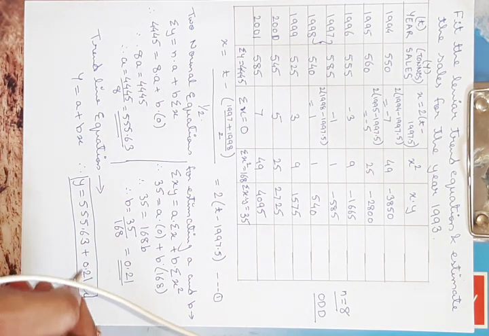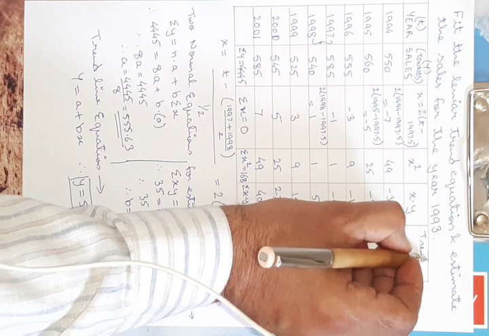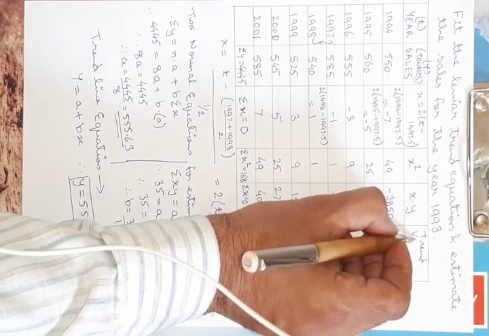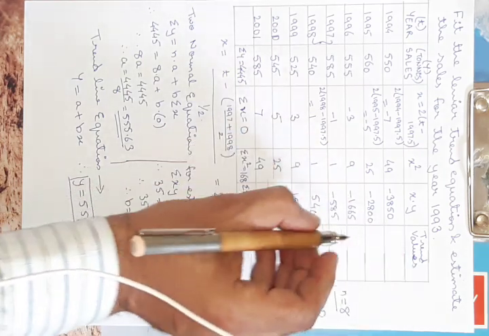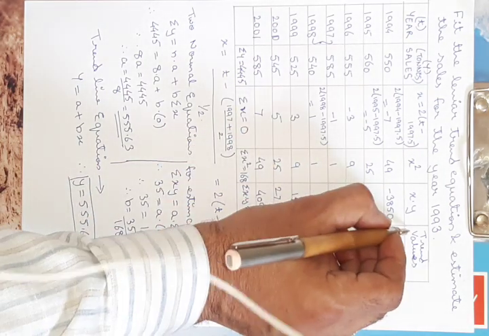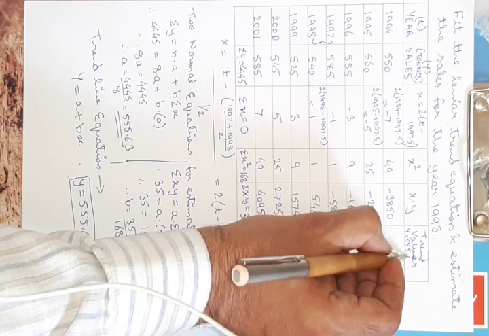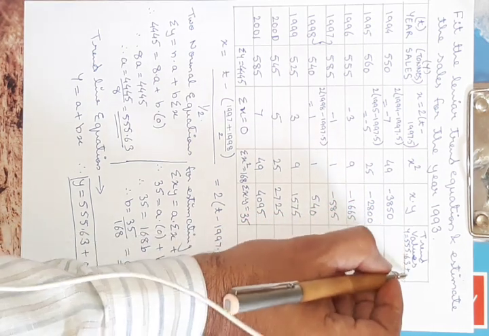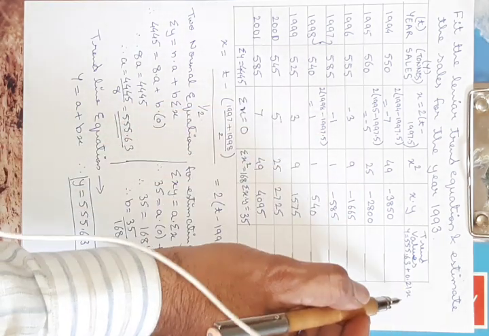Similarly, we also need to calculate the trend values. Friends, in the problem it will always be given that you need to calculate the values of trend. So for that, I'll just put the formula, that is y is equal to 555.63 plus 0.21x. Now I am going to substitute the value of x.